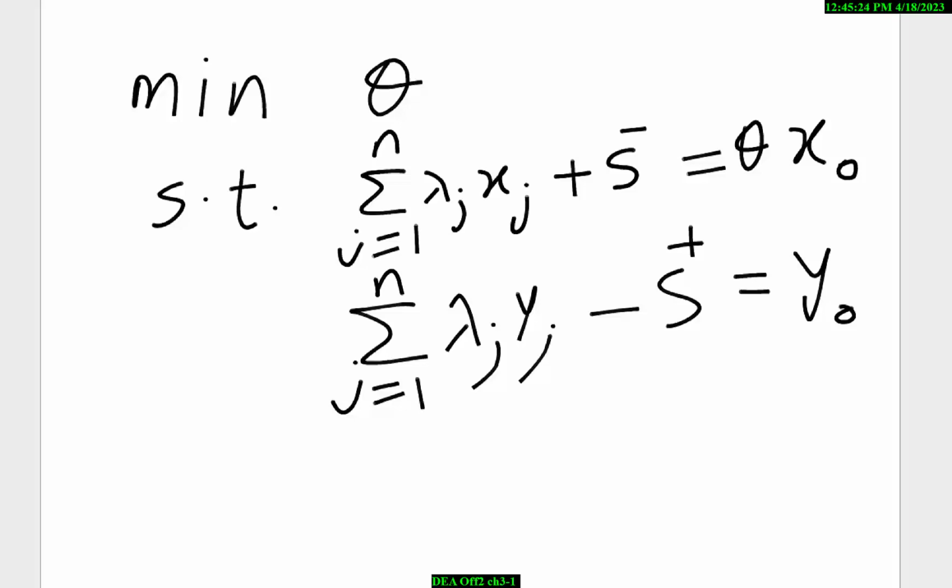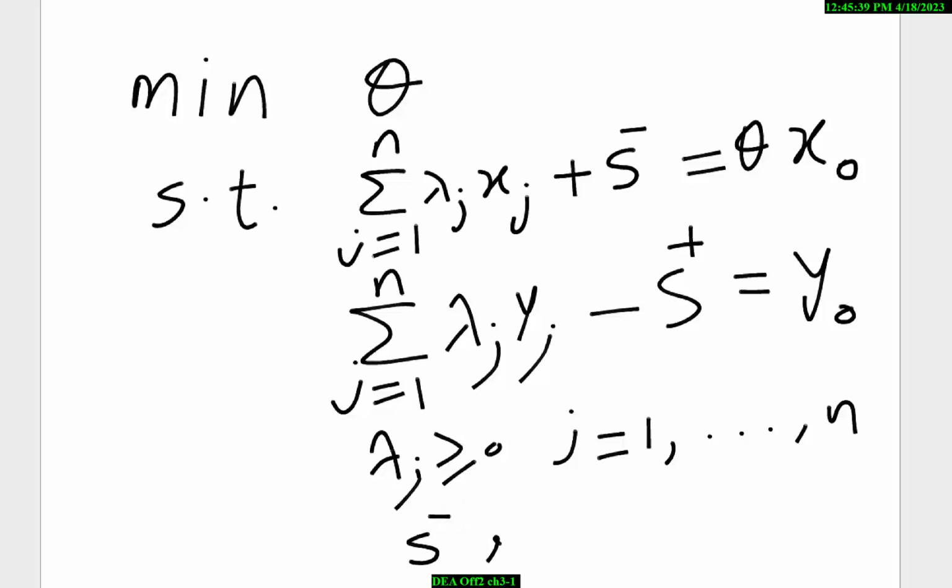Here all the lambda are non-negative, and s minus and s plus are also non-negative. So we have written the CCR model in envelopment form in equality. Here theta is unrestricted in sign.